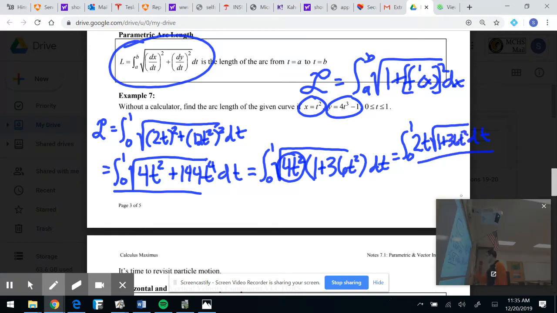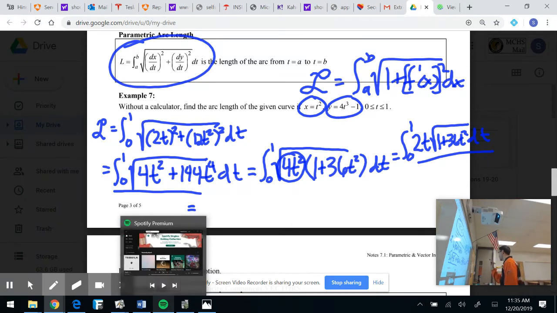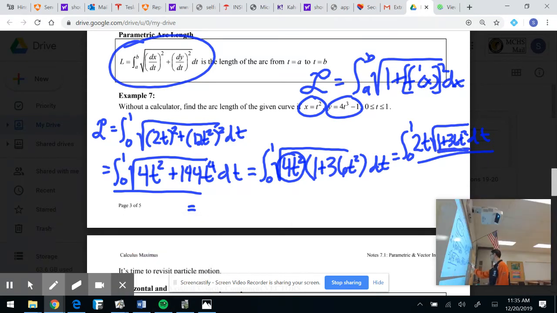Now, if you're like me, you're like, oh, sweetie pie, that definitely looks like U-sub could get some stuff done for us. Remember, some of us use U-sub, some of us are getting better at not using U-sub. Let's try to do it without a little U-sub. My U would be that right there, right, class?